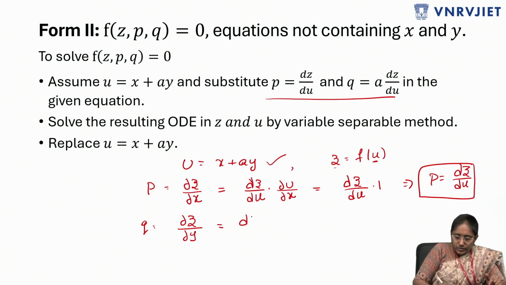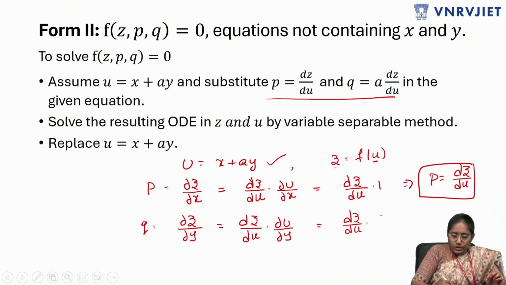That's an ordinary derivative, dz/du into the derivative of u. u is a multivariable function, so ∂u/∂y, which gives dz/du into ∂u/∂y. The derivative of u with respect to y is a. So we are replacing q as a into dz/du.